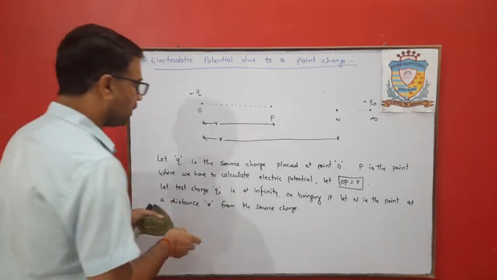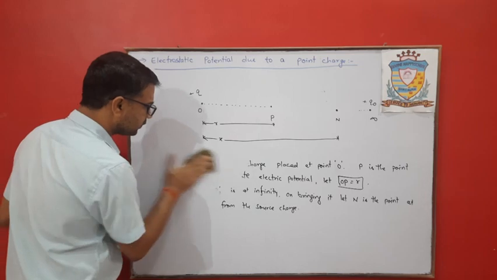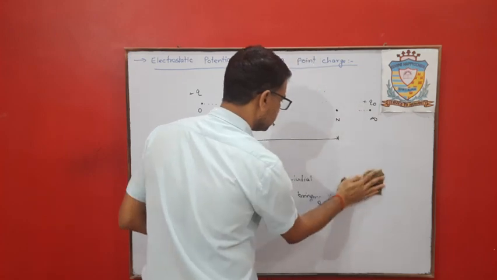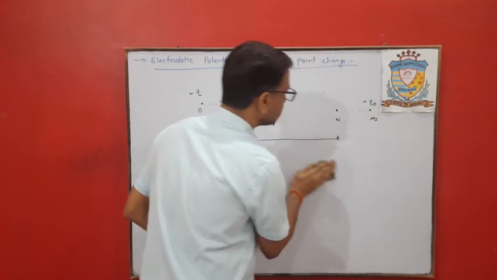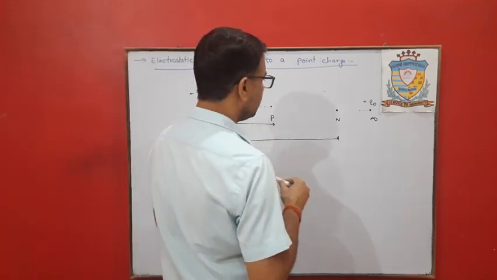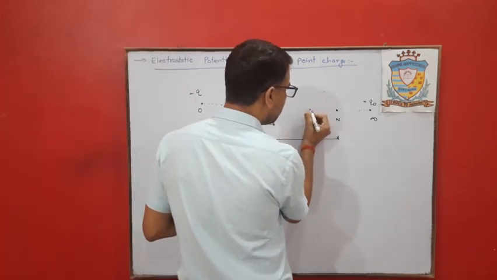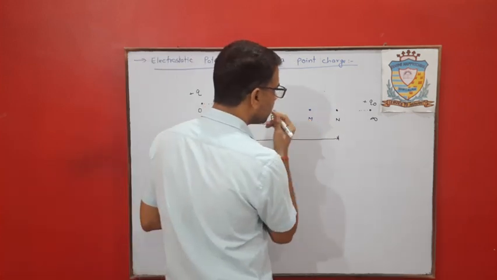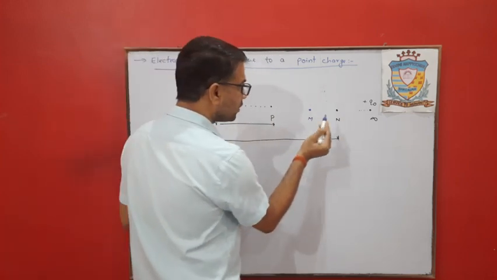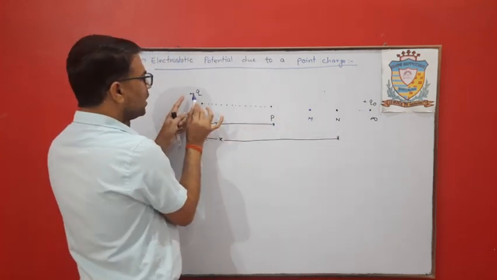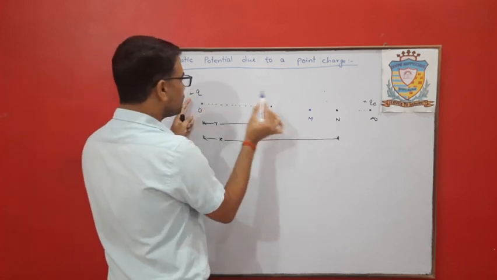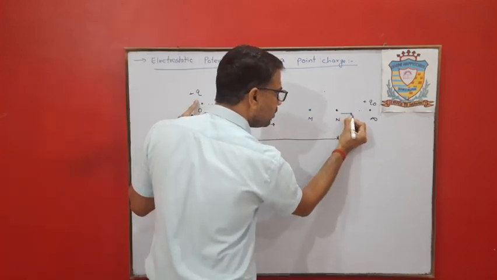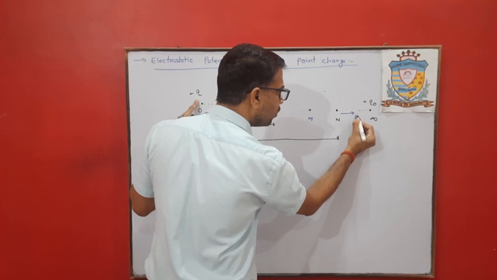So this is the basic theoretical part. Now let another point be M. Because these two charges are the same, some repulsive force is applied by this Q on this Q naught; let this be the direction of force.